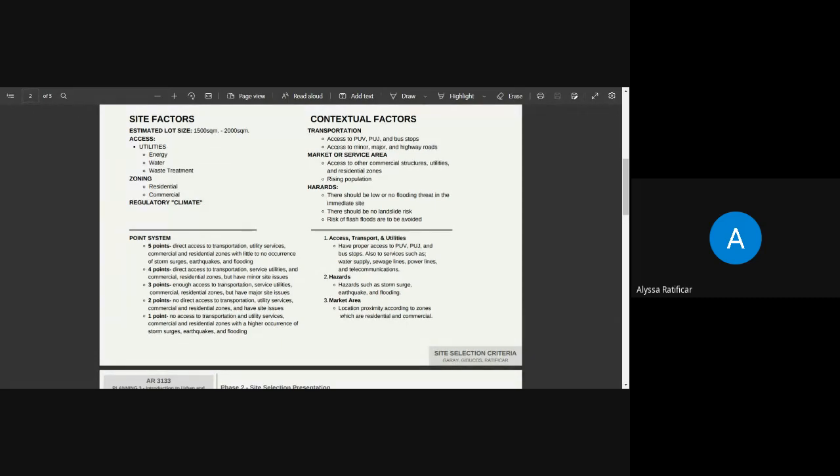For 3 points, it should have enough access to transportation, services, utilities, and commercial and residential zones, but have major site issues. For 2 points, it does not have any direct access to transportation, utility services, and commercial and residential zones, and it can also have site issues. For 1 point, it does not have any access at all, and it also has a higher occurrence of storm surges, earthquakes, and flooding.